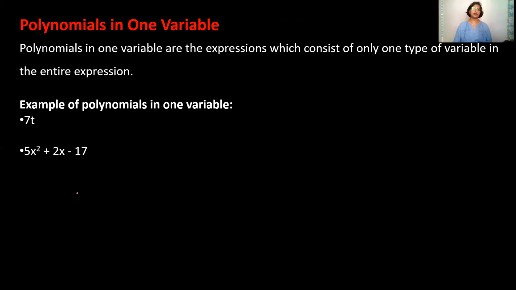Next is polynomial in one variable. What is that? Polynomial in one variable means the expression which consists of only one type of variable in that entire expression. What does that mean?